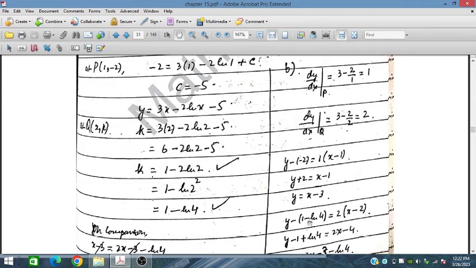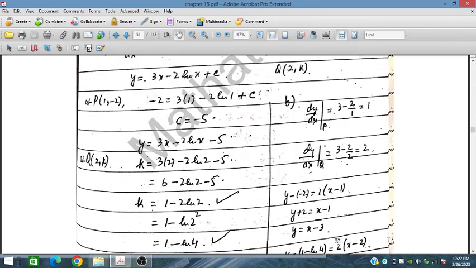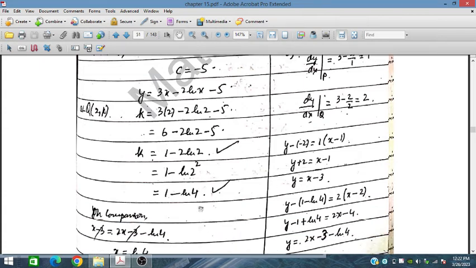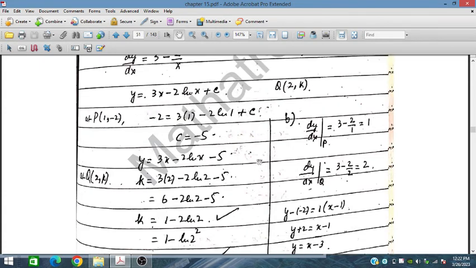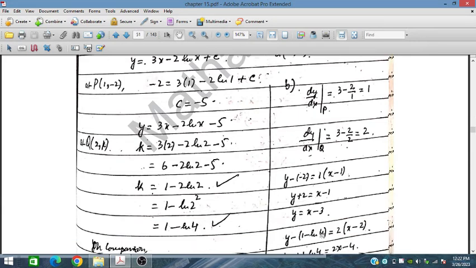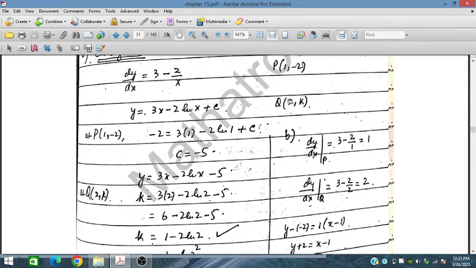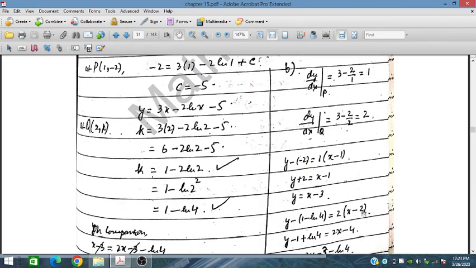So y minus k, basically k is 1 minus ln 4, so 1 minus ln 4, this gradient is 2, and x minus 2, so we have this 2 here.